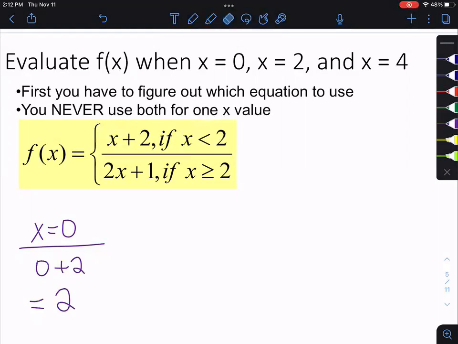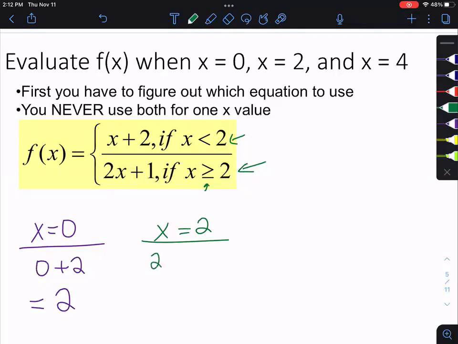Then we're going to evaluate x equals 2. This one's kind of tricky. For x equals 2, we have to decide again which of these two constraints it's going to fall under. x is less than 2 or greater than or equal to 2. In this case, since it's got that equal to 2 underneath it, we're going to plug our 2 into that bottom equation.